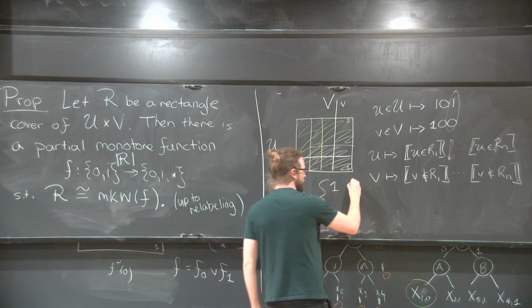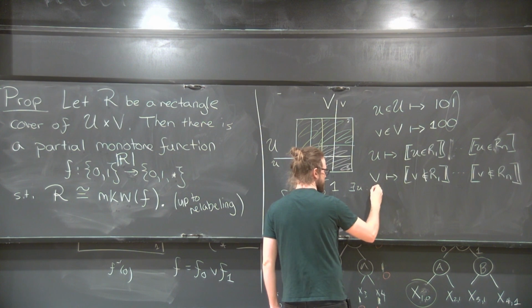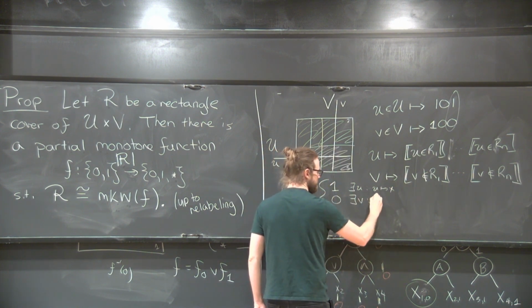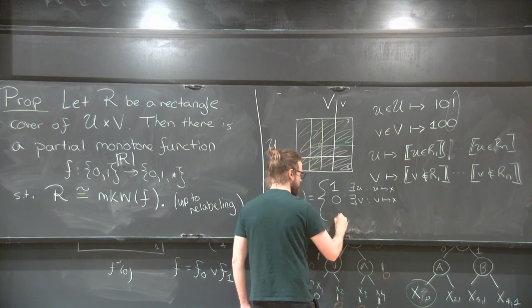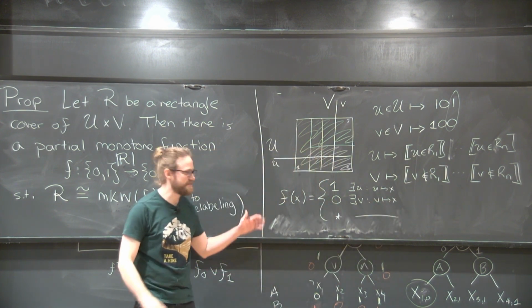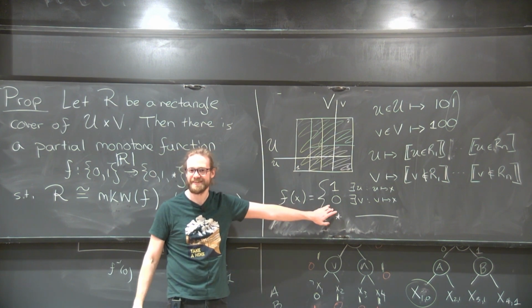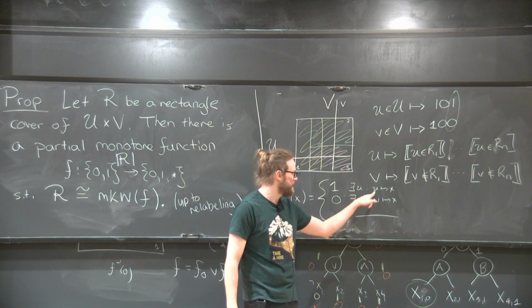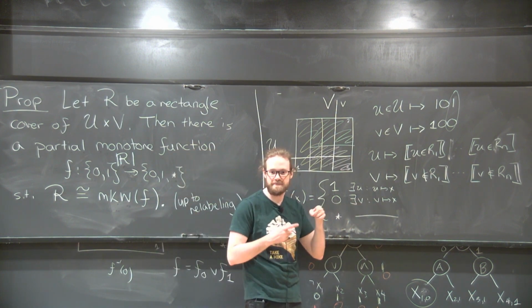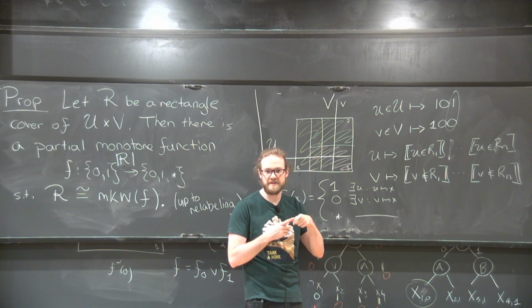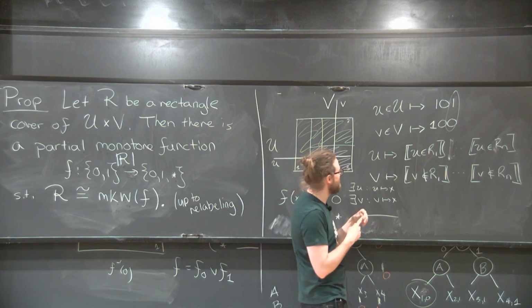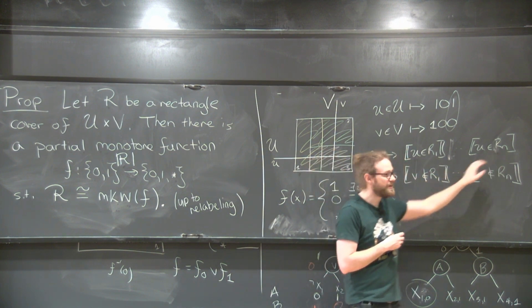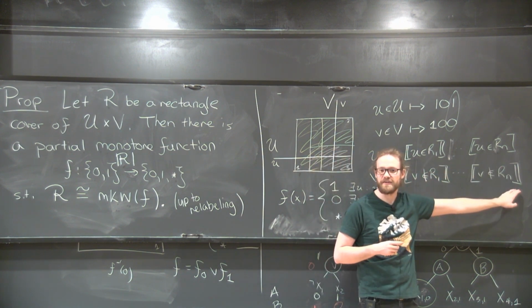So f of x will be 1 if there is a u such that u maps to x, 0 if there is a v such that v maps to x, and star otherwise. We obviously have to prove that this is actually a function. But that's easy to see, because if both u and v were mapped to the same string, then u would be contained in all the rectangles, and v would not be contained in any rectangle.